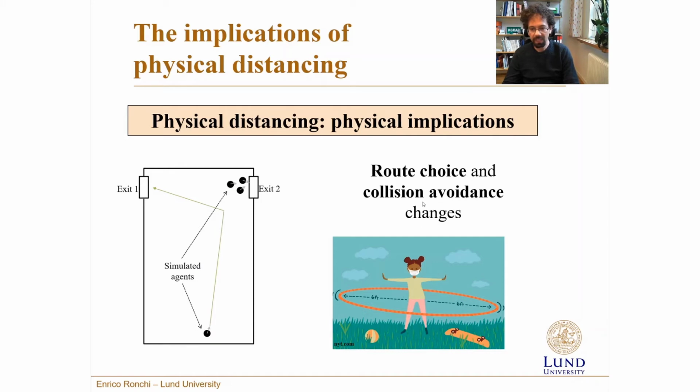And the same can be said for collision avoidance in general. So we know that people may possibly want to have a larger space between themselves and others, at least between people of different groups moving in space. So while we have, I would say, a quite good understanding of how the collision avoidance mechanism works in a pre-COVID scenario, we don't really know too much about how it works now.